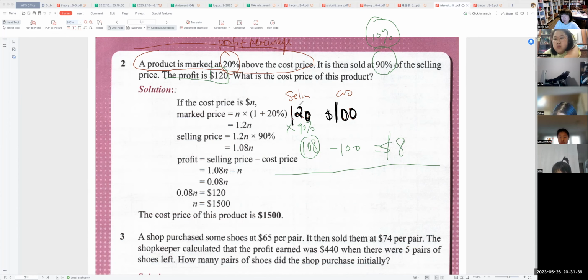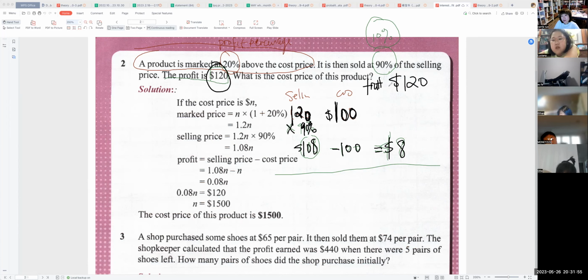Understand, Ali? But unfortunately, I cannot sell it full price. So I do 10% off. I sell it to 108. And based on that, my profit should be $8. But unfortunately, the question telling me the truth is my profit is 120.